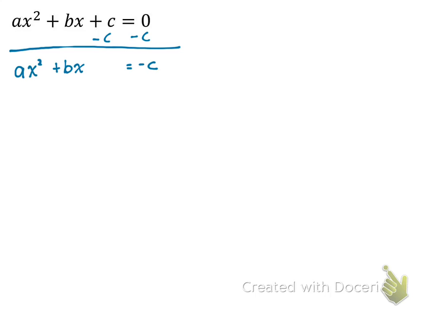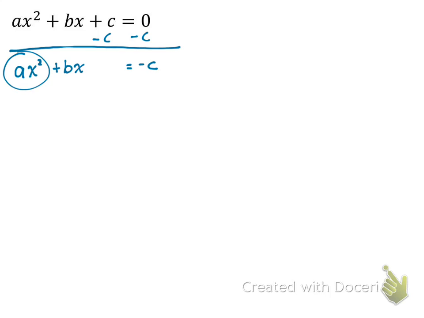Then we looked at this middle term, which is b. I'm sorry, even before that, we're not even looking at b. Before that, we look at the number in front of the x squared, okay?